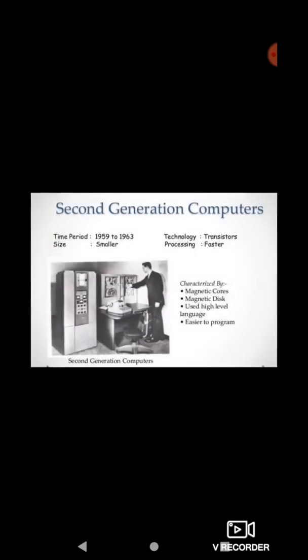Prior to that, let's take a look at the second generation computers. See the picture, guys. In the first generation, we saw almost the room was covered. In the second, you see the reduction in size. Smaller size, technology transistor, processing was faster.